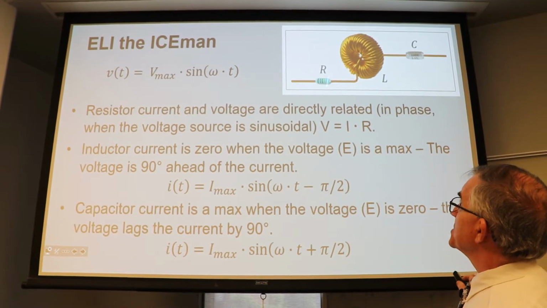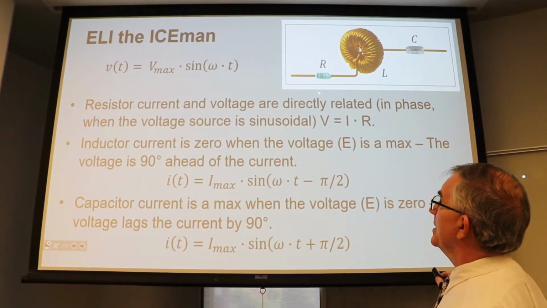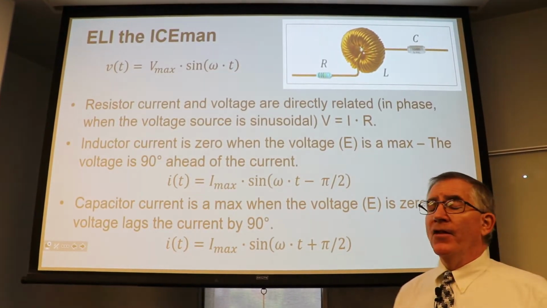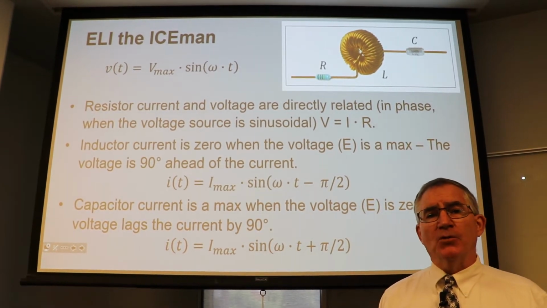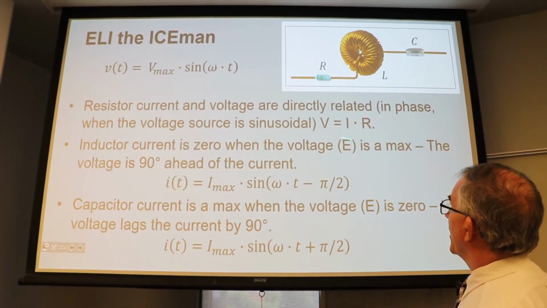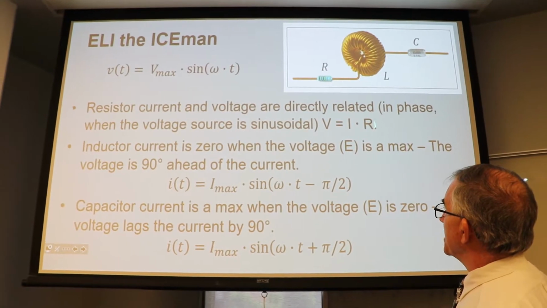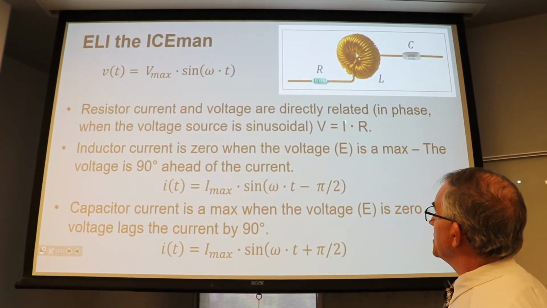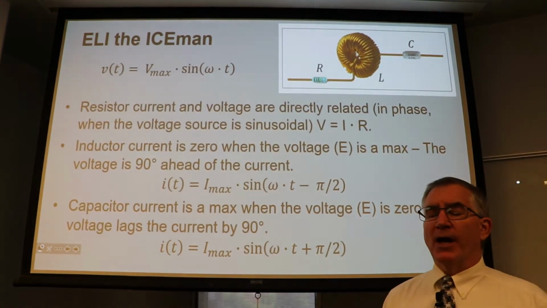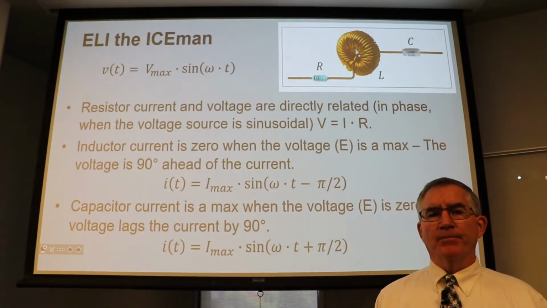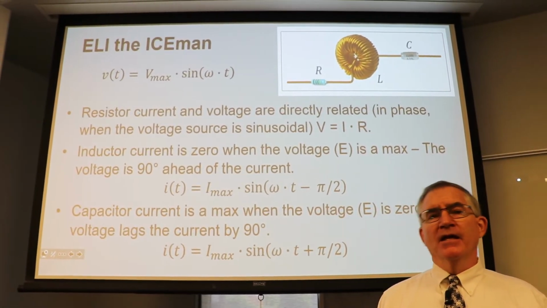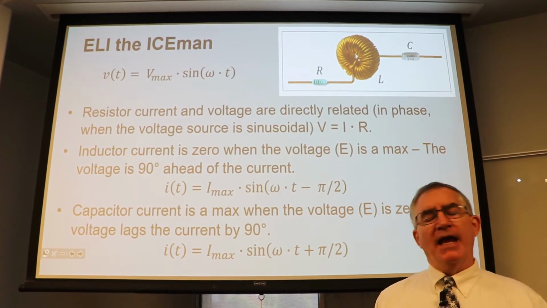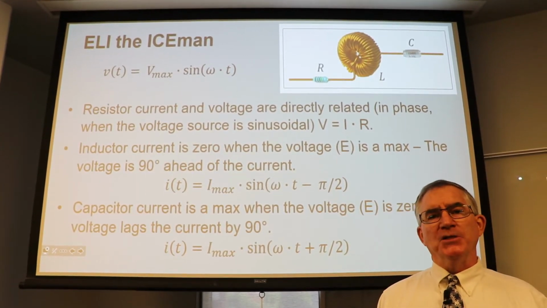Now, a resistor is the simplest device. V equals IR. So you can see the resistance is a constant, and the voltage and current are directly proportional to each other. So we say that the voltage signal and the current are in phase with each other.